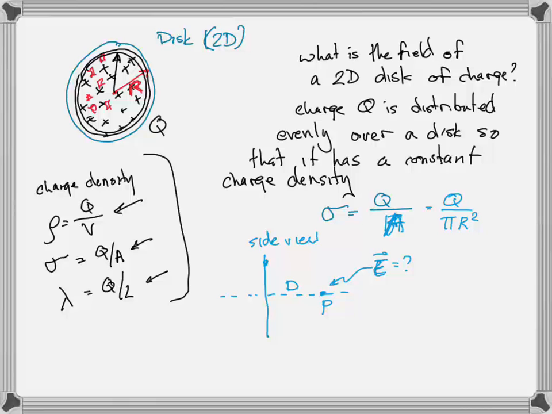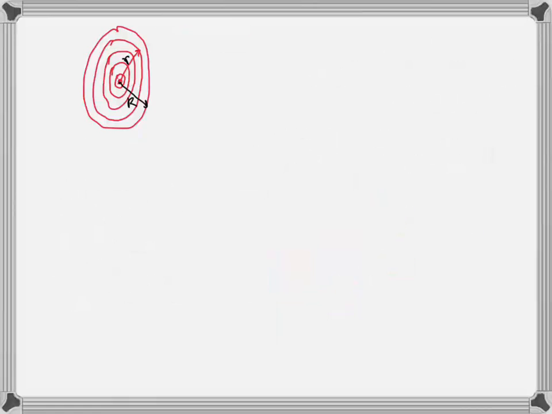Remember, the whole radius of the disk is capital R. But we take a ring at some arbitrary radius because we're going to have to look at all the rings that make up the disk. Let's call that little r. I'm just going to draw a little r in red also. So little r is an arbitrary ring that makes up the disk. I'm going to break up the disk into a lot of rings from the inside to the outside, actually an infinite number of rings, in order to make this an exact calculation.